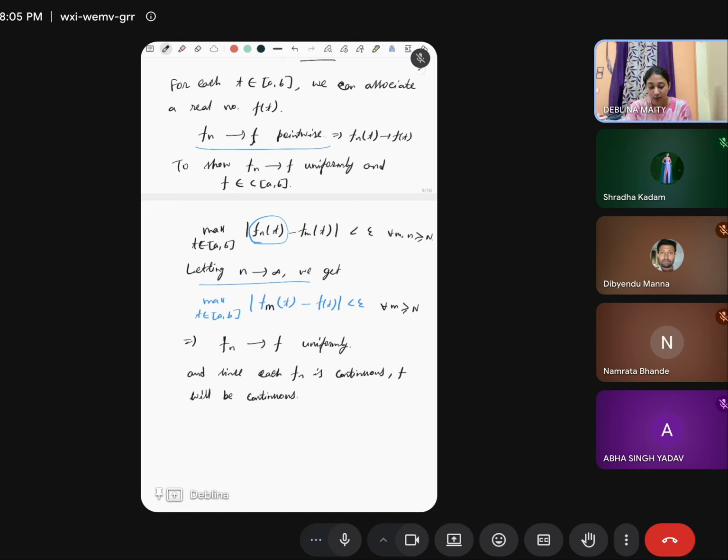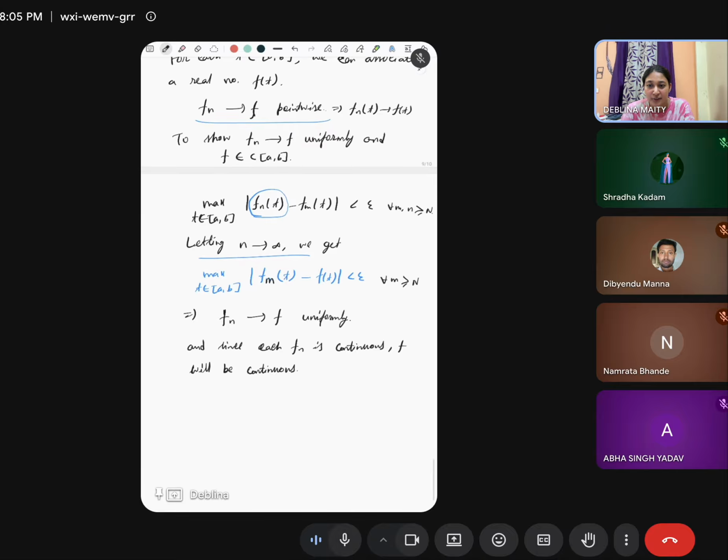Right. For this line, we need the uniform convergence. Right? Because you will see in real analysis, you have seen that if it converges pointwise and each Fn is continuous, it does not mean the pointwise convergent function F will also be continuous. The convergence must be uniform convergence.